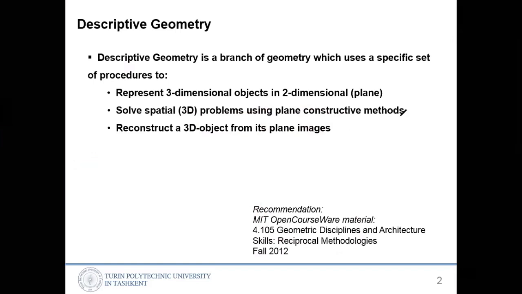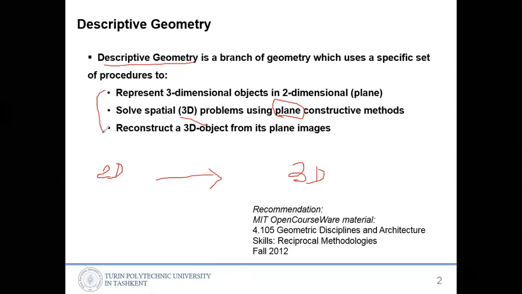So when we use planes in order to solve 3D problems, that is descriptive geometry. The third one is to reconstruct a 3D object from its plane image. If you have 2-dimensional shapes and you create a 3D thing using them, that is also a task of descriptive geometry.